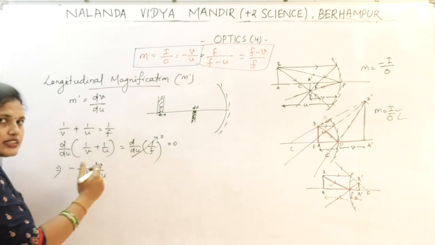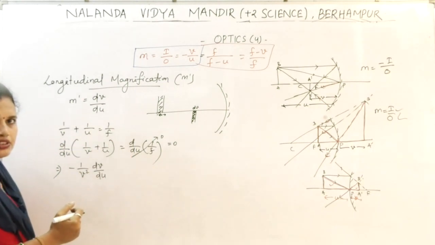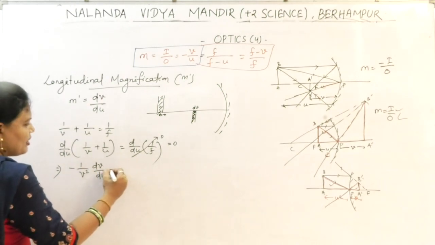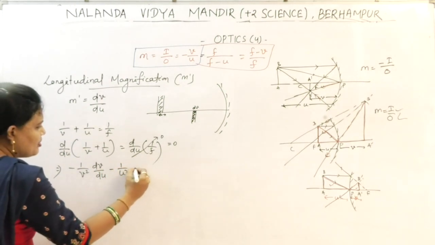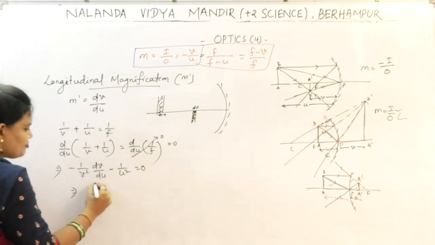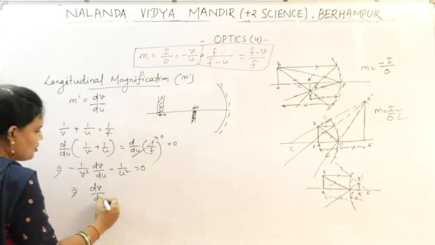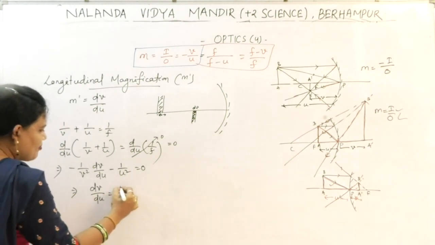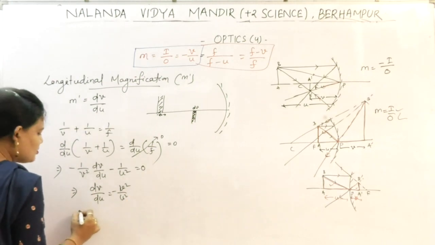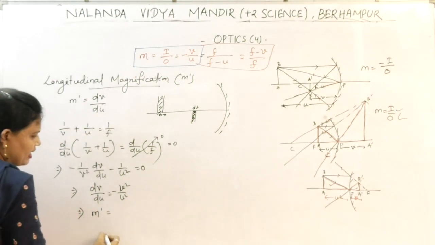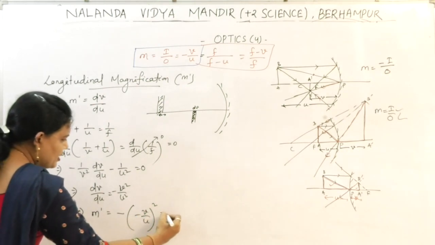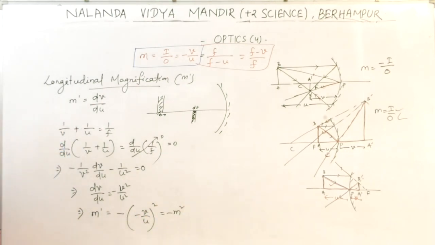If the object distance changes, then obviously the image distance will change. So minus 1 by v square dv by du minus 1 by u square equal to 0, or dv by du equal to minus v square by u square. So dv by du, which is M dash, equals minus (v by u) whole square, that is minus m square.